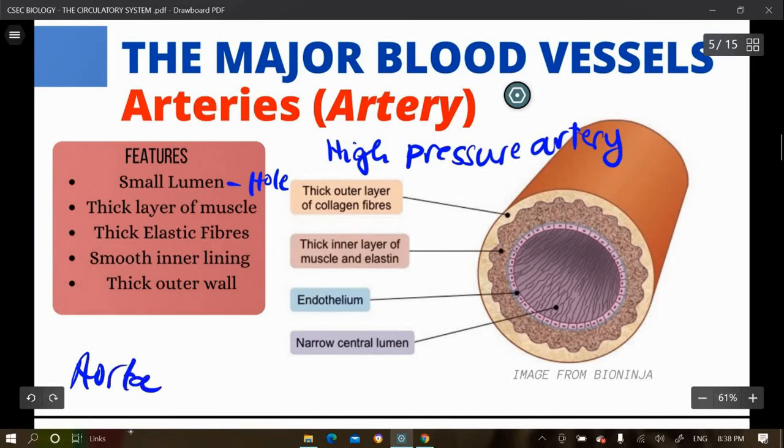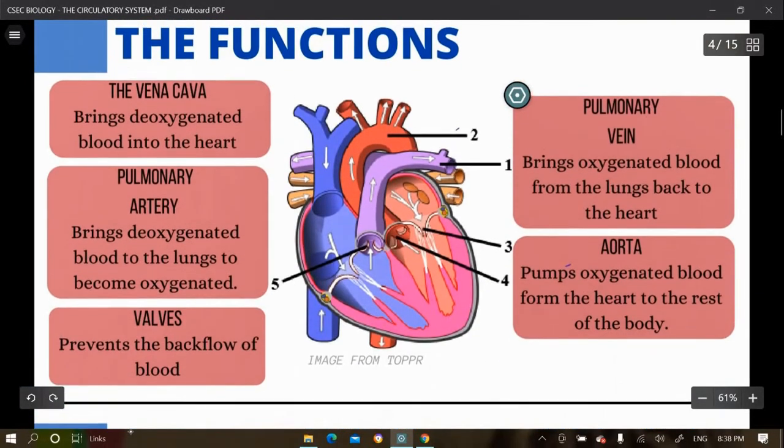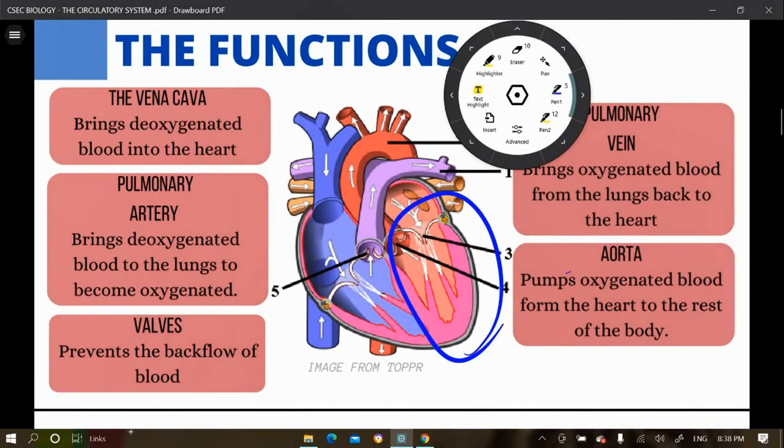the aorta is the largest artery in the body, and basically the aorta pumps blood to the rest of the body. And that's one of the reasons why the left side of the heart is way fatter or thicker than the right side.